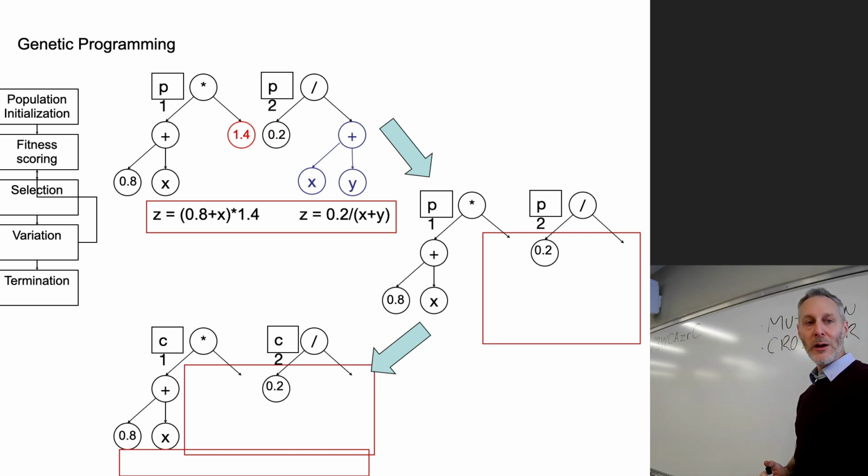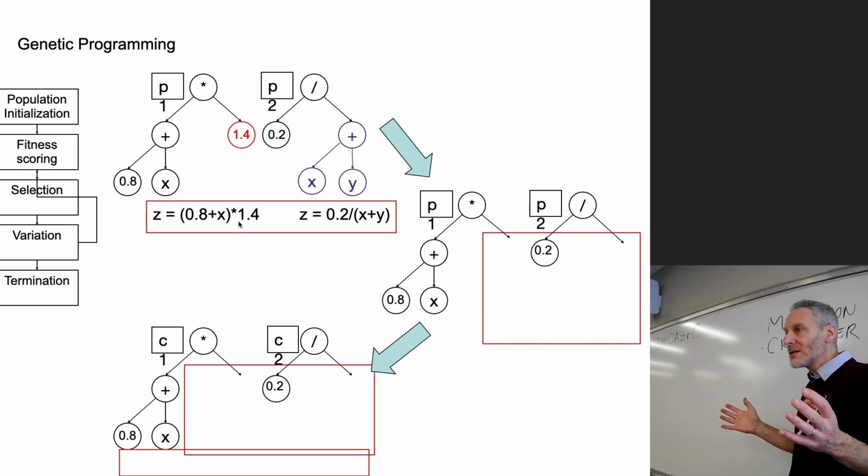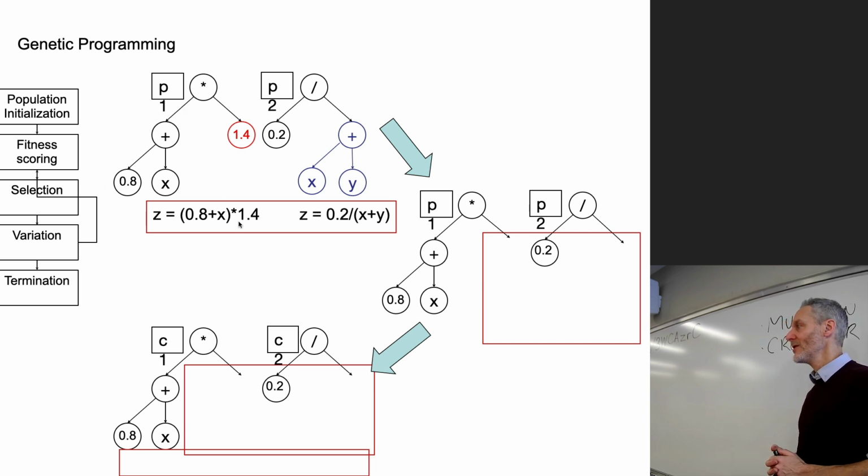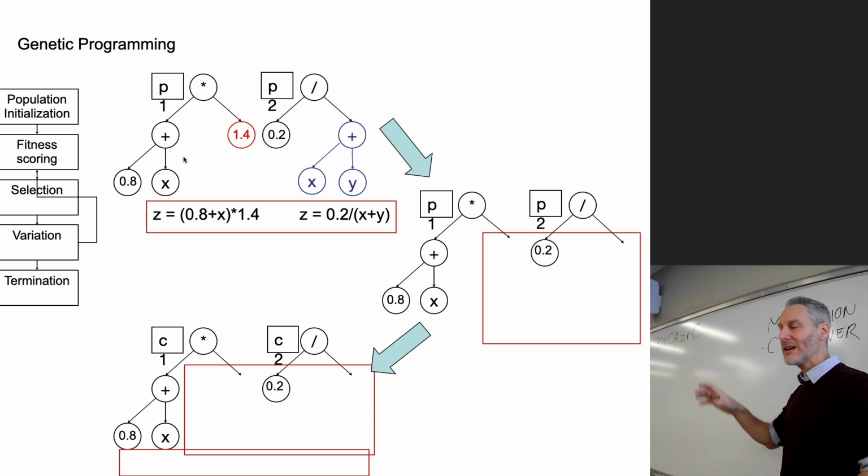Let's start with mutation. Here's the original parent 1 down here. Let's assume that parent 1 survived. Whatever this equation here does a pretty good job of explaining the data. So it survives, and as we're filling in these empty slots, we grab P1 and we start making a copy of this tree.